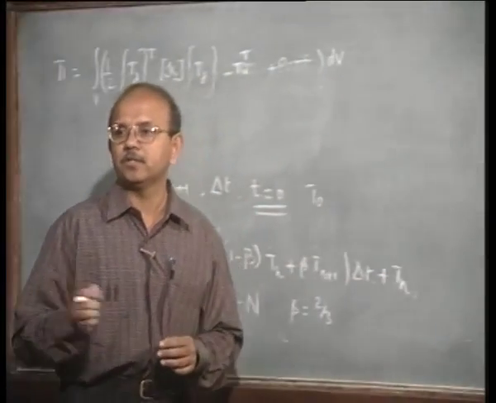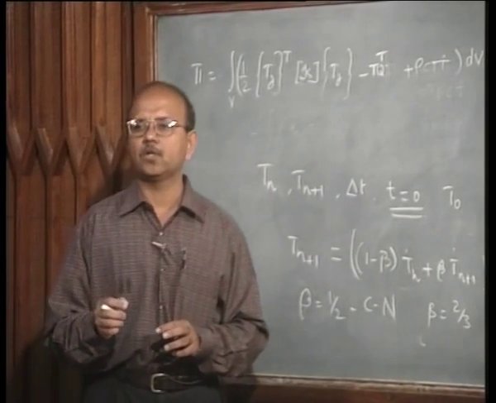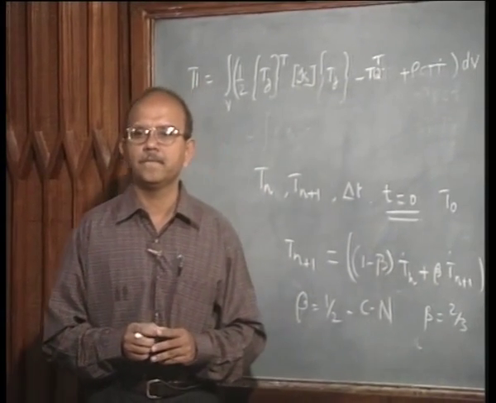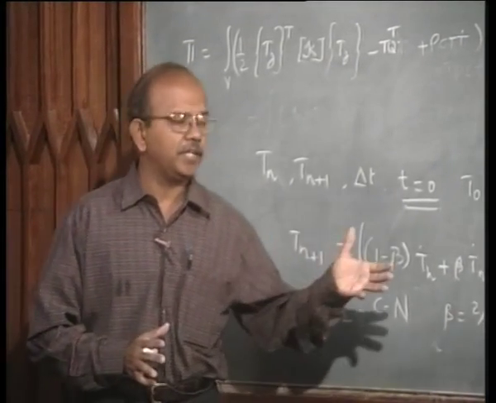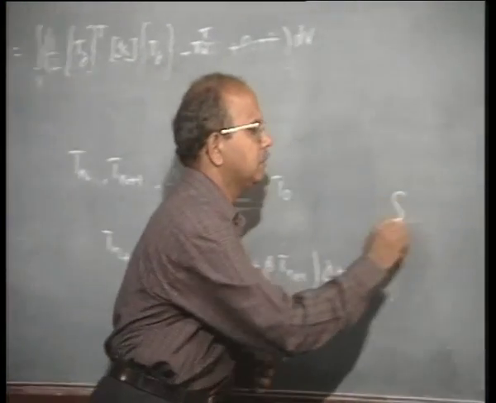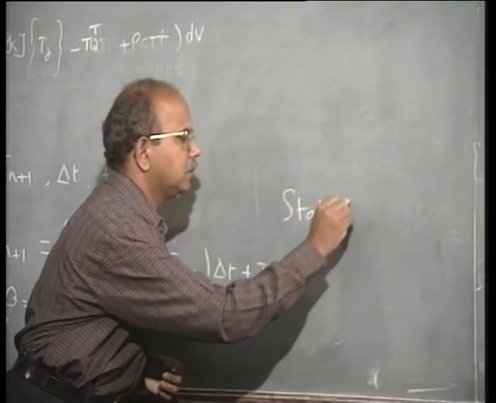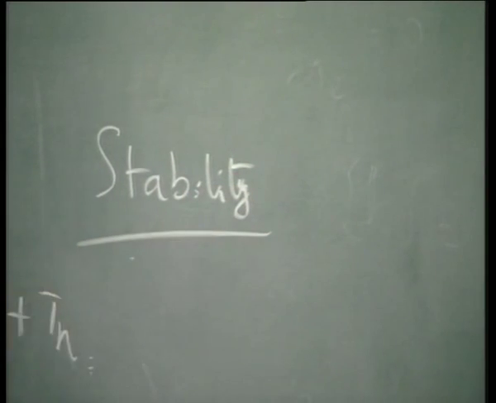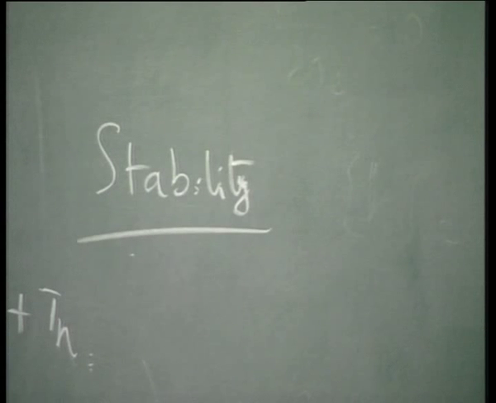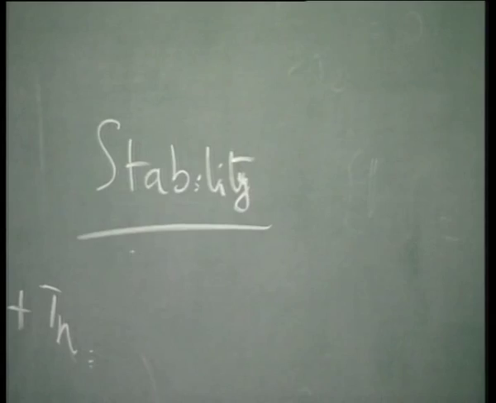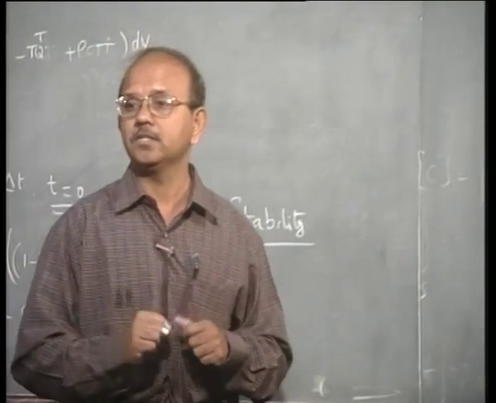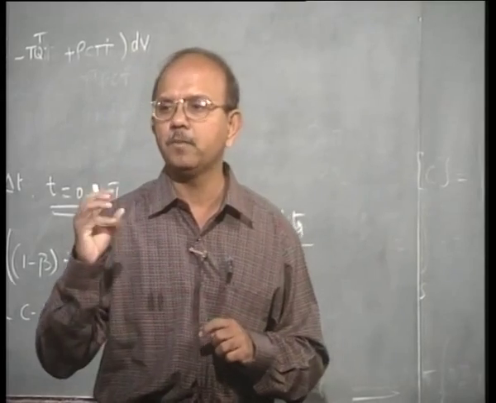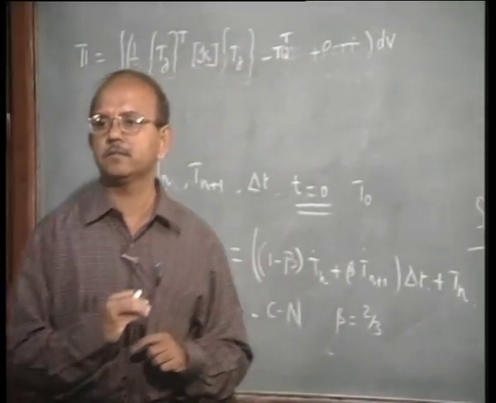But apart from accuracy, there is also what is called stability. There is a lot of theory into stability, but we may not have time to go into it. Stability means unbounded oscillations. What does it mean? What is meant by unbounded oscillations?